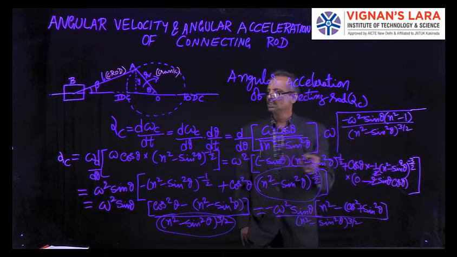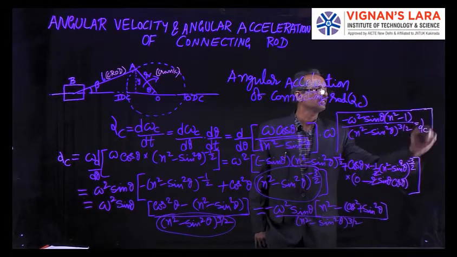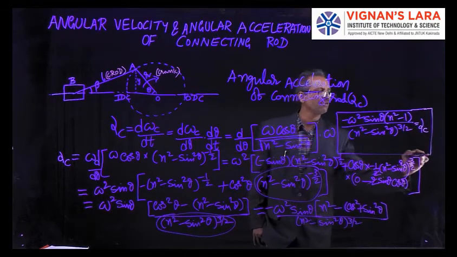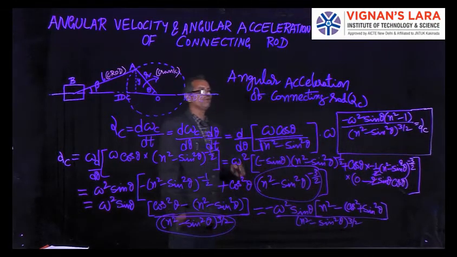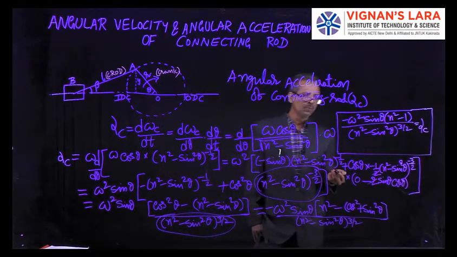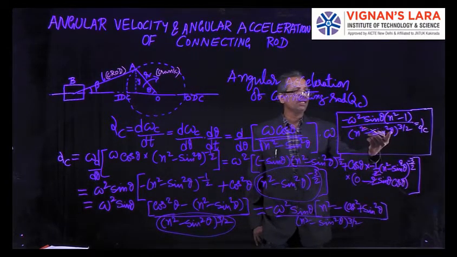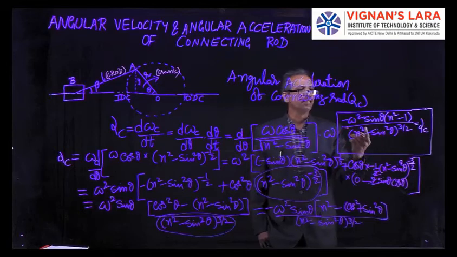So this is the value of alpha c. If you want a still simplified version, you can simplify. How can we simplify? Like the previous, assuming sin theta is a smaller value, you can replace sin square theta here simply by n square.